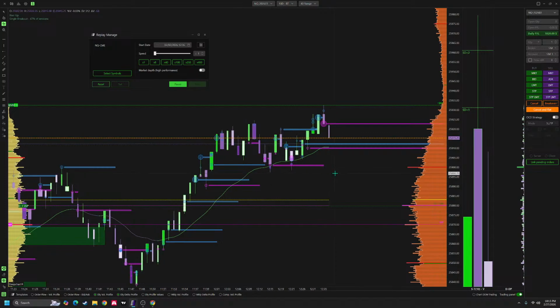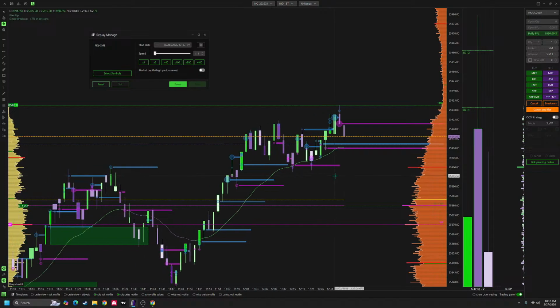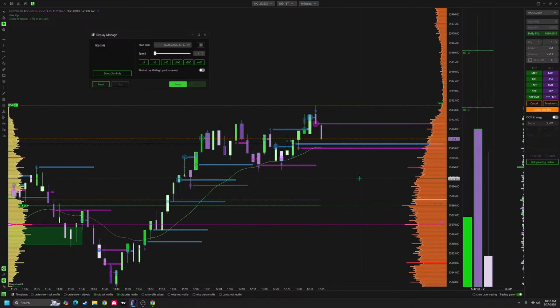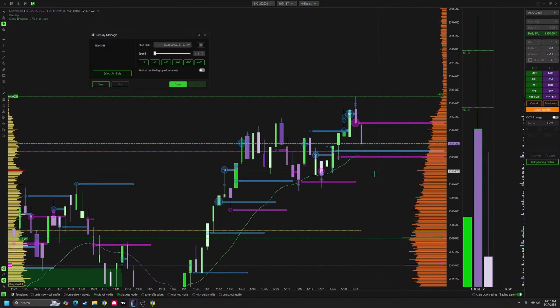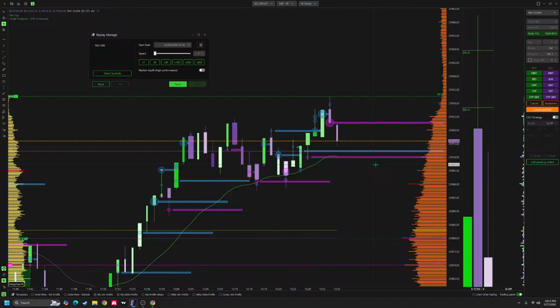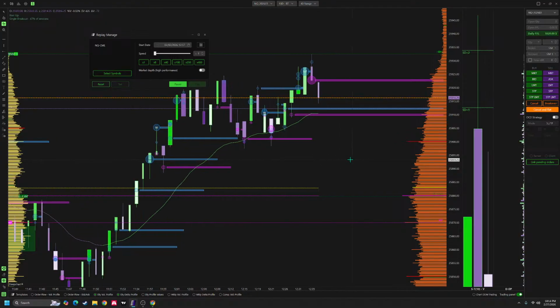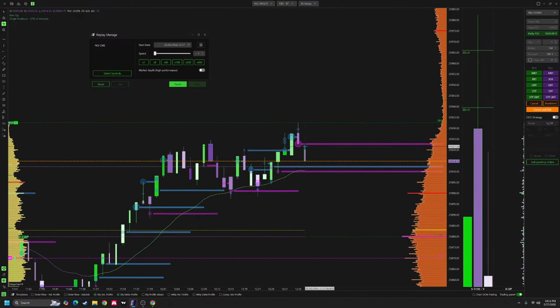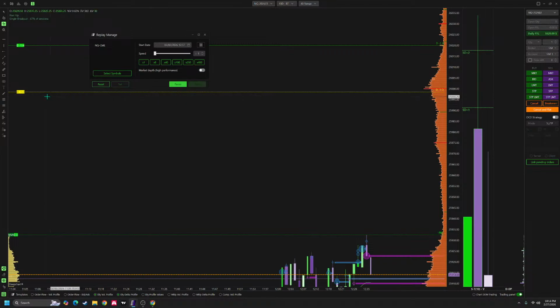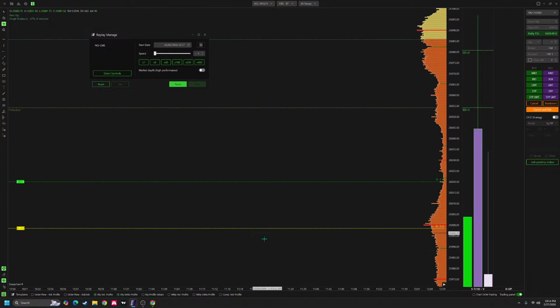Is that what happened? So sellers are winning right here after buyers won a small battle right here. Yeah, so I think the bias is continuing to move up towards these protection levels.